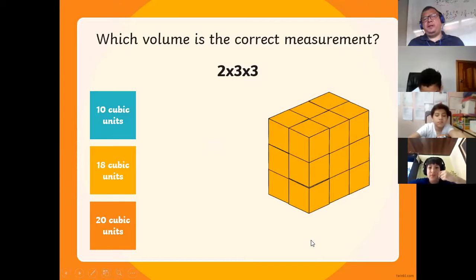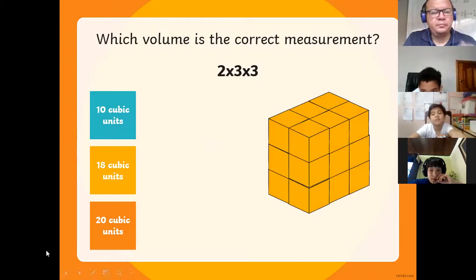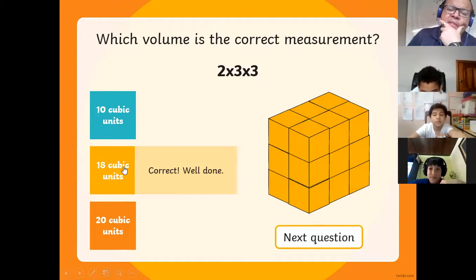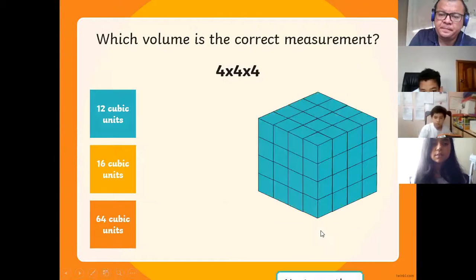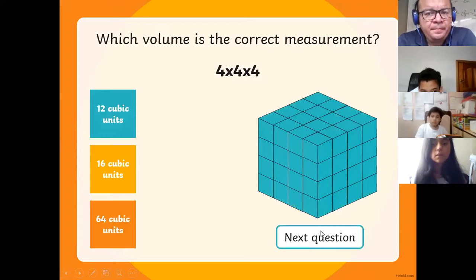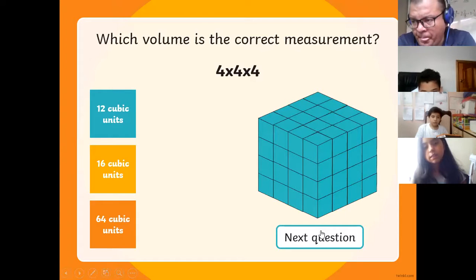Which volume is the correct measurement? 2 times 3 times 3. It's 18 cubic units. This one. 4 times 4 times 4.